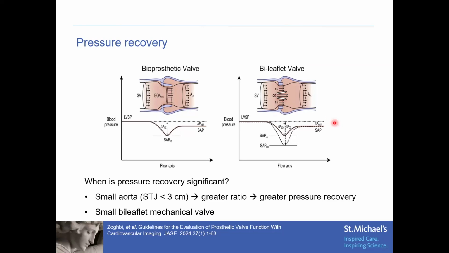So you actually do get some pressure recovery when the blood joins from the lateral orifice back into the whole aorta. So if you just use the jet from the central orifice, which is what we are most likely to do with a Doppler, then you're likely to overestimate the gradient. So the two situations to keep pressure recovery in mind are small aortas less than 3 centimeters and small bileaflet mechanical valves.